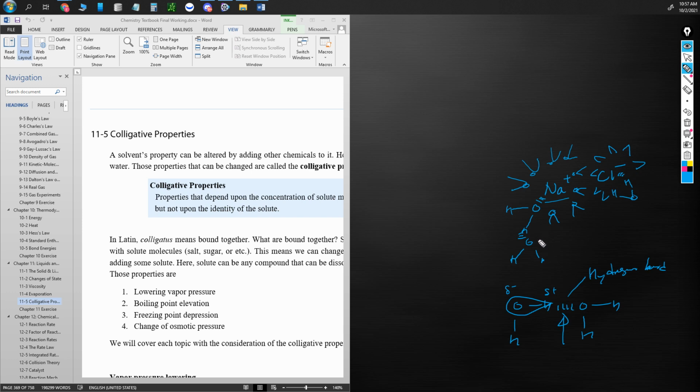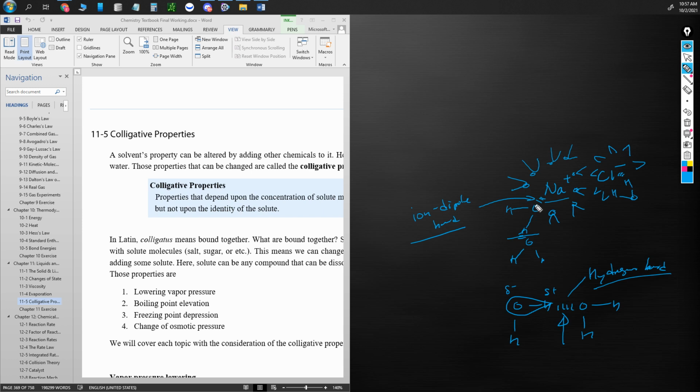So you not only have to break apart that hydrogen bond, but you also have to break apart that bond, which is called the ion dipole bond. Okay, that's a little new concept, right? Ion dipole is actually a stronger intermolecular force than the hydrogen bond. Remember, when we talk about intermolecular forces, there are forces stronger than the hydrogen bond. This is one of them.